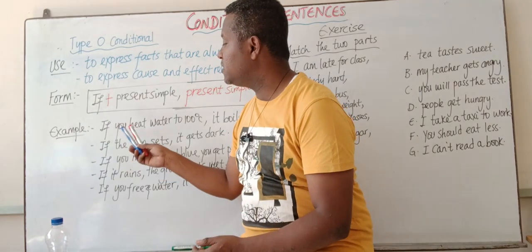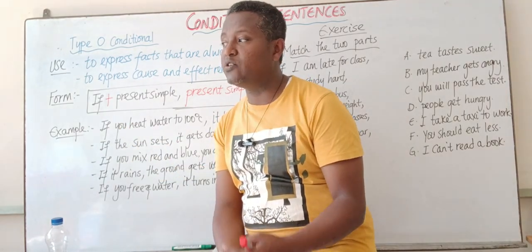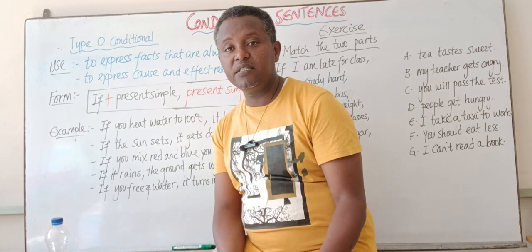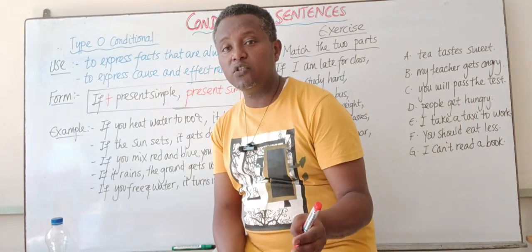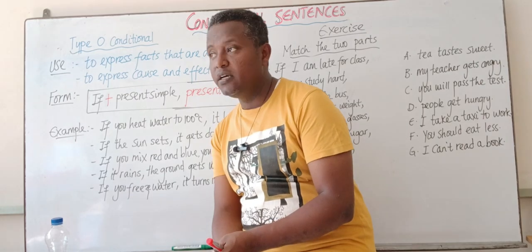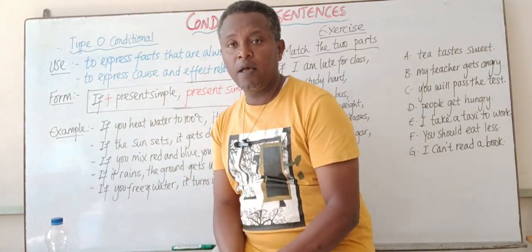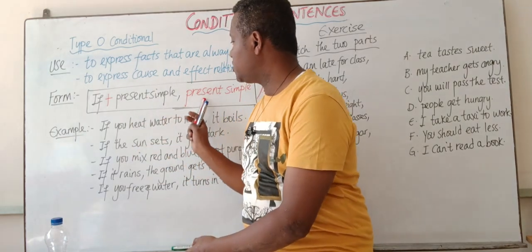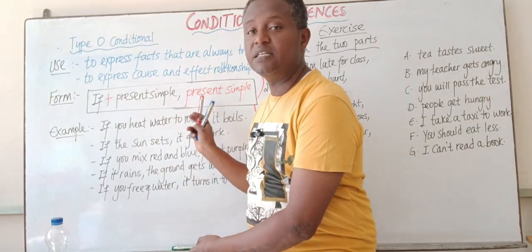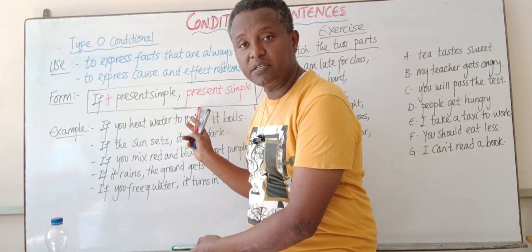Let's have a look at some examples, but before that, as you know, conditional sentences have 2 parts, the if clause and the main clause, right? The if clause is the condition that needs to be fulfilled so that this effect or outcome happens, okay?